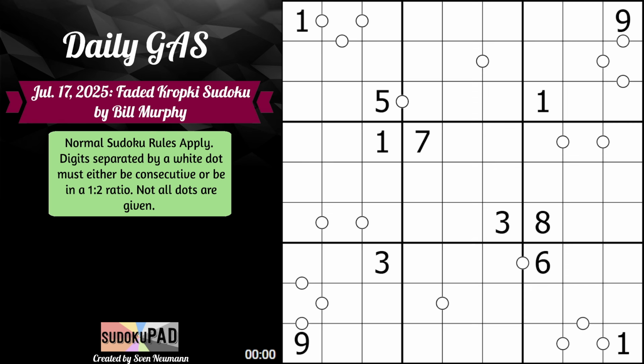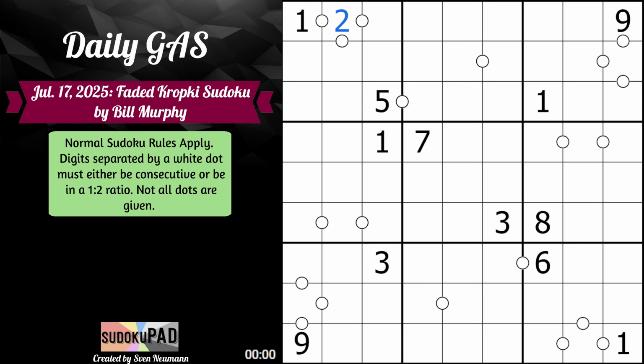But otherwise, these white dots could represent a number of things. If we see this white dot here, obviously in this case we know what it'll go to. But from this 2, we don't know if this is going to be a consecutive dot or a black dot. If it was a black dot, then it would be 2 to 4, twice that.